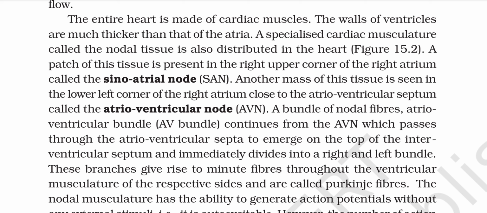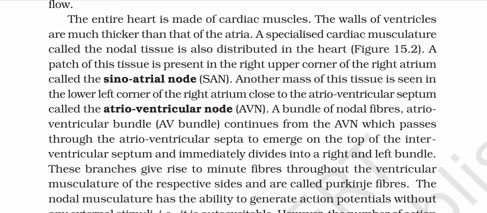A patch of this tissue is present in the right upper corner of the right atrium, called the sinoatrial node, and another mass of this tissue is seen in the lower left corner of the right atrium, which is close to the atrioventricular septum.